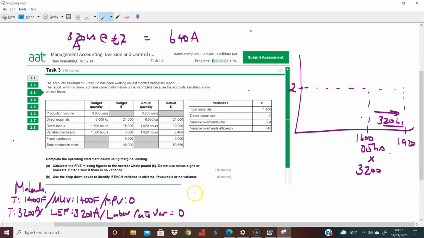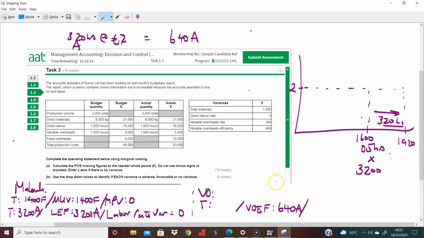So for variable overheads, the total I'll come to in a second. I don't know the total yet, but I can tell you at least immediately that the variable overheads efficiency variance is 640 adverse.